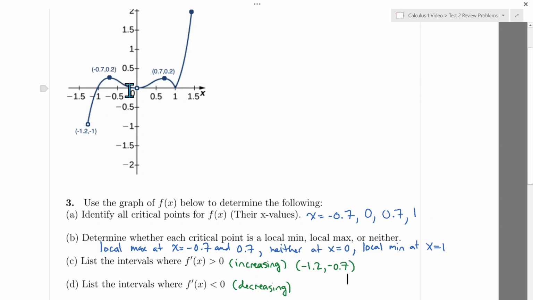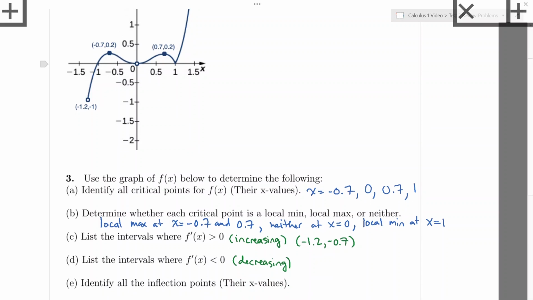And then this part is going downwards, so this would be decreasing. Again, we're reading off the x values, right? So the x value here is negative 0.7, and then the x value here is 0. And then this portion here is going upwards, so that's increasing, and the x value is from 0 to positive 0.7.